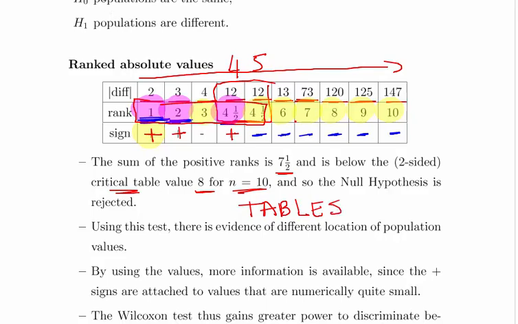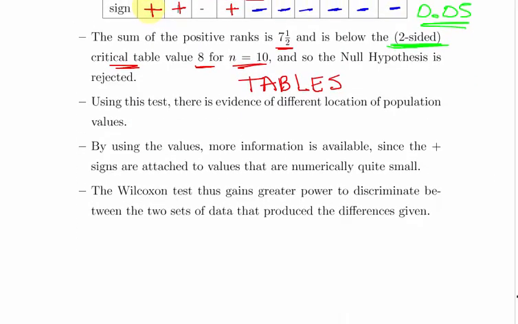One thing to remark upon is that we are dealing with a two-sided test, as it says up here, so we are using the column that says 0.05. Using this test, there's little evidence of differing locations of population values. By using the values, more information is available.